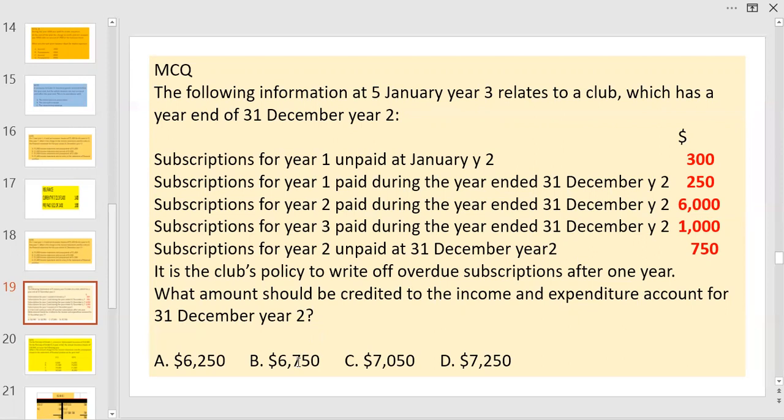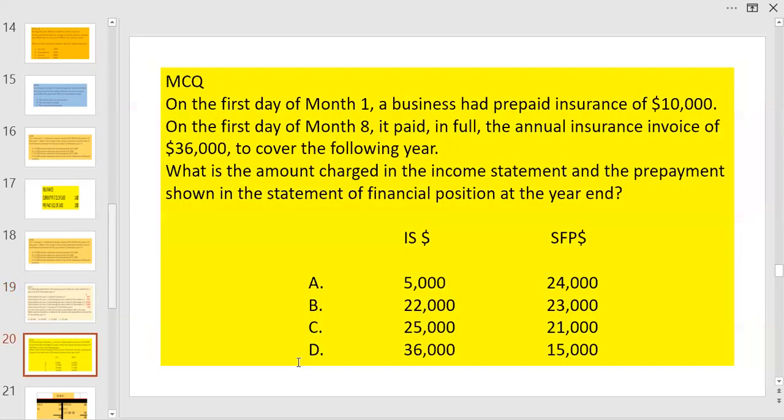The next MCQ: on the first day of month 1, a business had a prepaid insurance of 10,000. On the first day of month 8, it paid in full the annual insurance invoice of 36,000 to cover the following year.